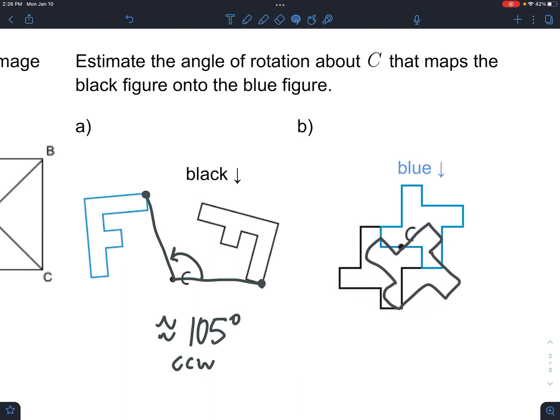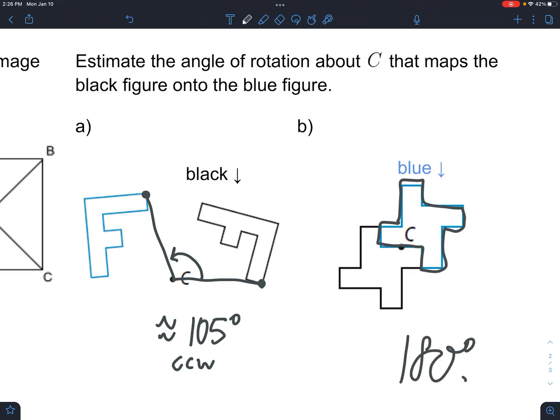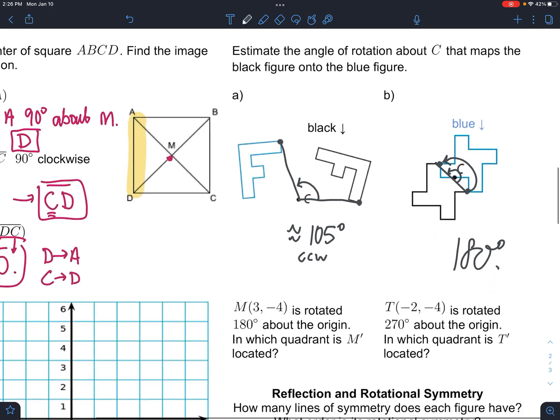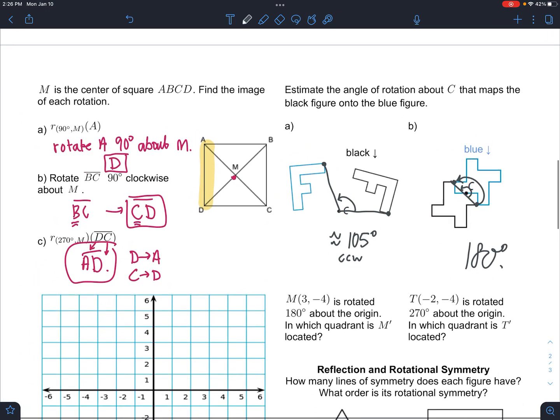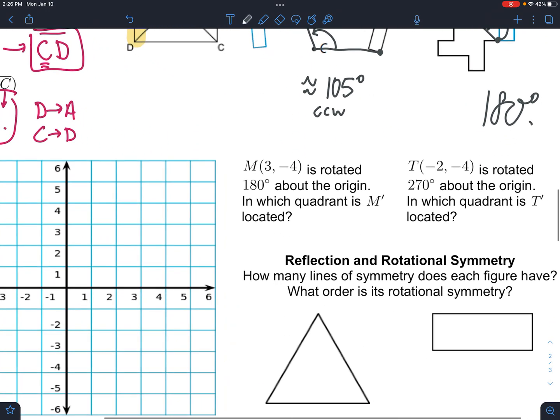So we were here, and we did 90 degrees, 180 degrees, like that. So this one's more exact, but you could still kind of play that same game of trying to match up a point like this one to where it ends up, which is kind of a 180 degree turn. But anyhow, so yeah.